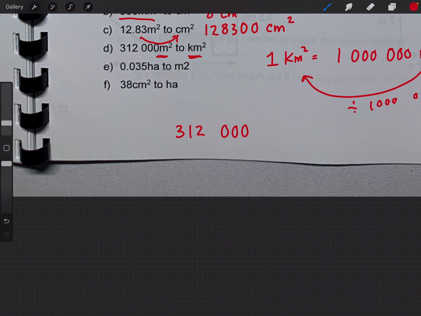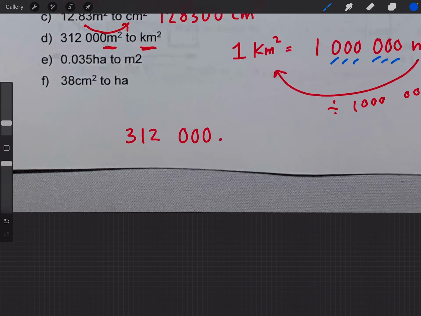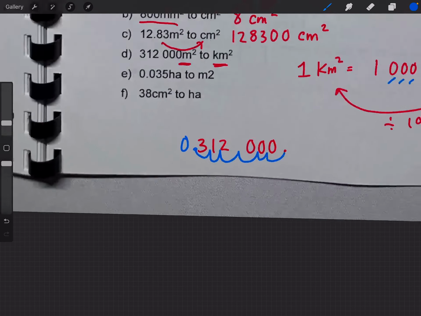Now decimal place is right here. When you divide this by 1,000,000, decimal place is going to jump back to the left by how many times? 1,000,000 has 6 zeros, so we jump back 6 spaces. 1, 2, 3, 4, 5, 6. So decimal place will be right here, which means there's a 0 in front.